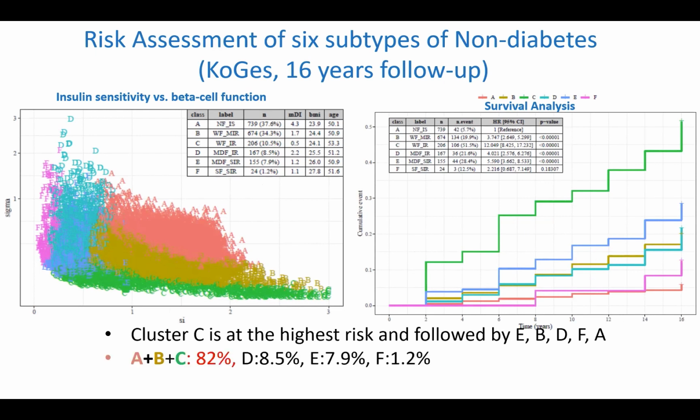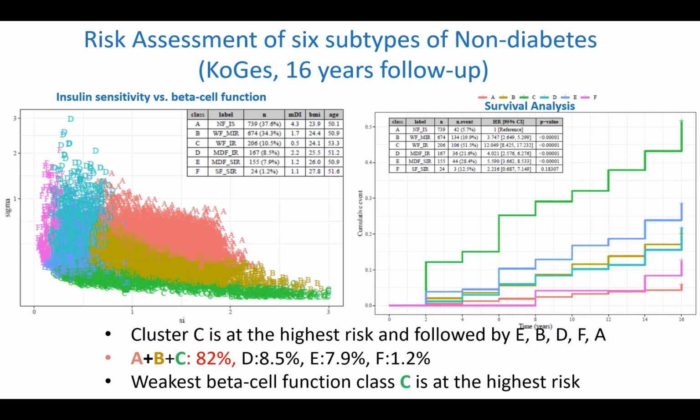Class C is the highest risk, followed by E, B, D, F, A. But in the Korean population, A, B, C make up 82%, so the majority. So class C, with the weakest basal function, is the highest risk.